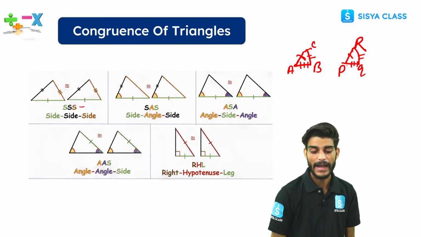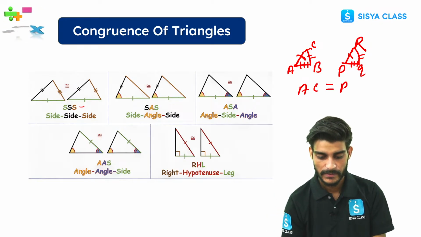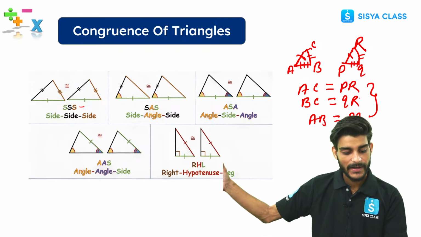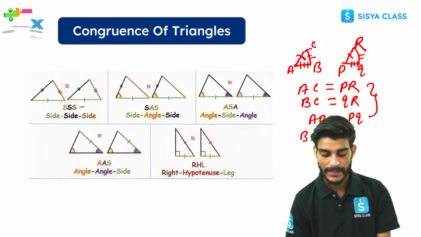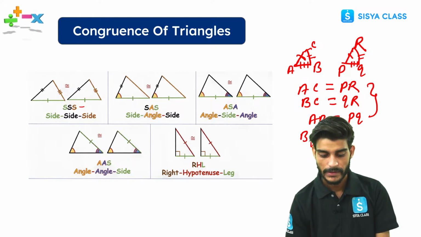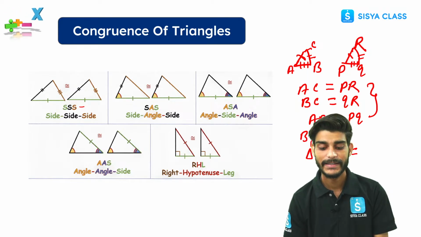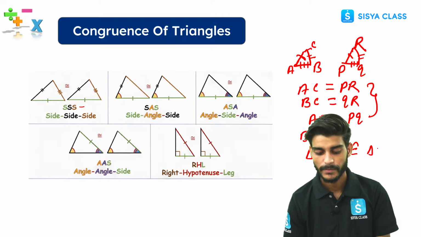So if AC equals PR, BC equals QR and AB equals PQ, then only can we say that all the corresponding sides are equal. Then only can we say that by side, side, side, triangle ABC is congruent, this is the notation for congruent, clear? Congruent to triangle PQR.